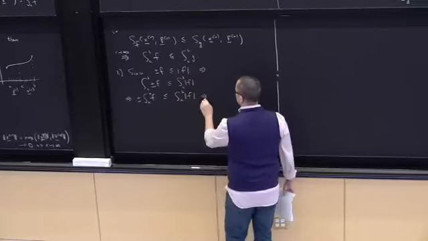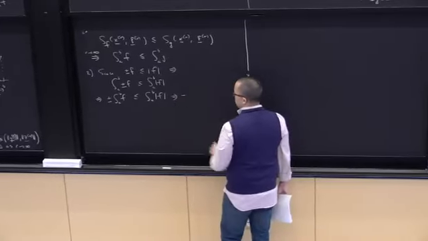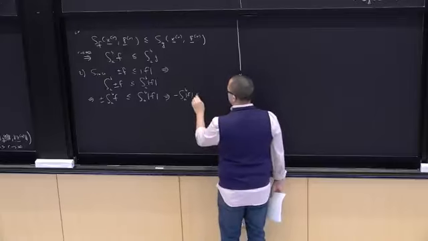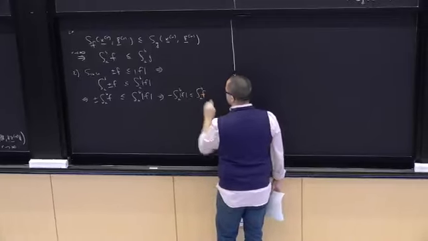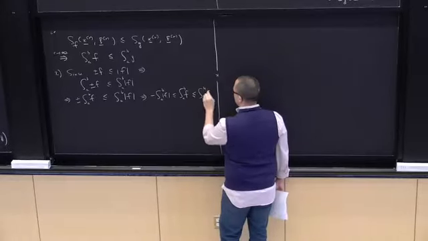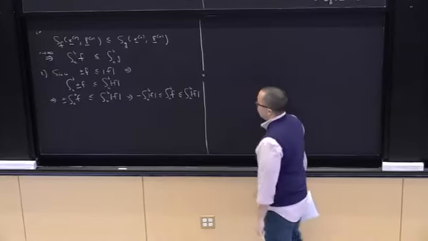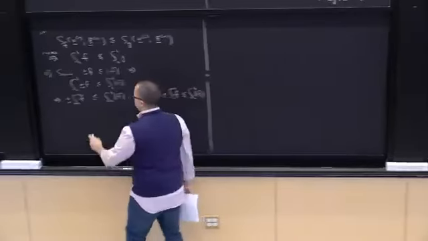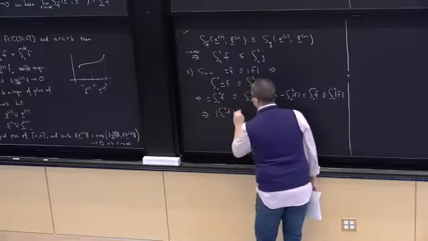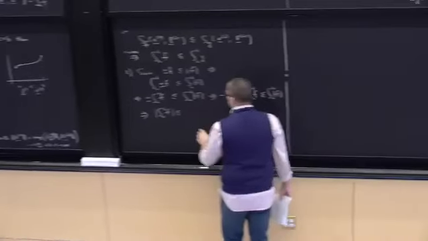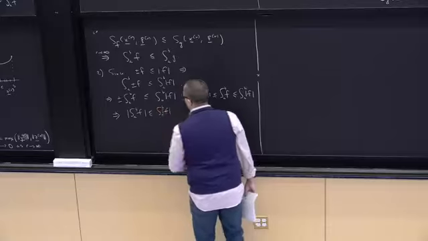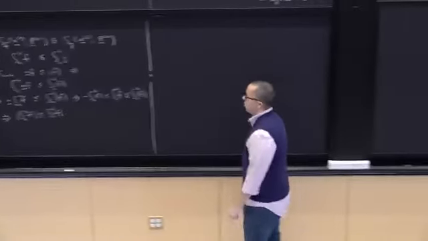Which is the same as, so for the minus sign, this tells me this inequality, and for the plus sign, I get that inequality, but that's equivalent to saying that the absolute value of the integral of f is less than or equal to the integral of the absolute value.